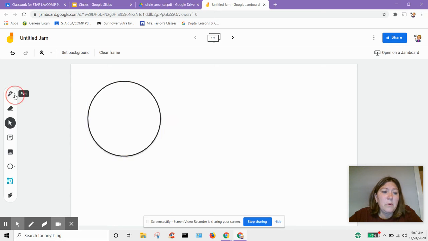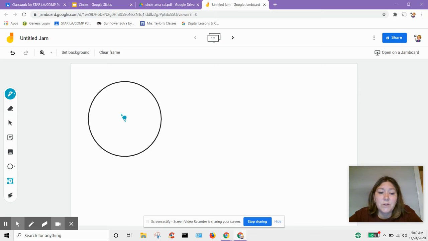Okay, remember that the center of the circle is the same distance from the outside. Now, again, remember I can't draw, and I draw even worse when I am on a computer, so bear with me here.